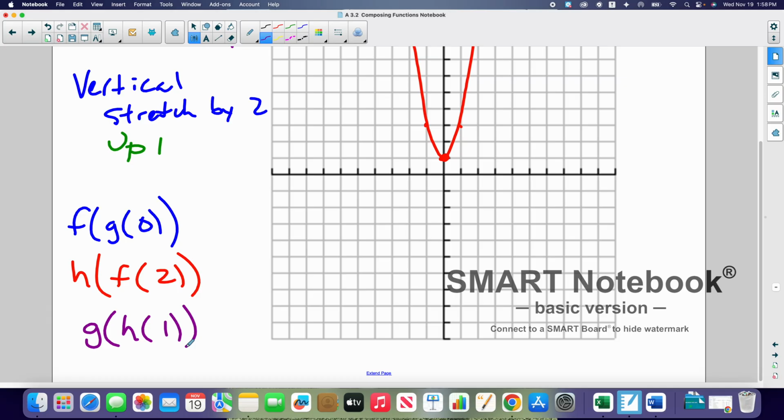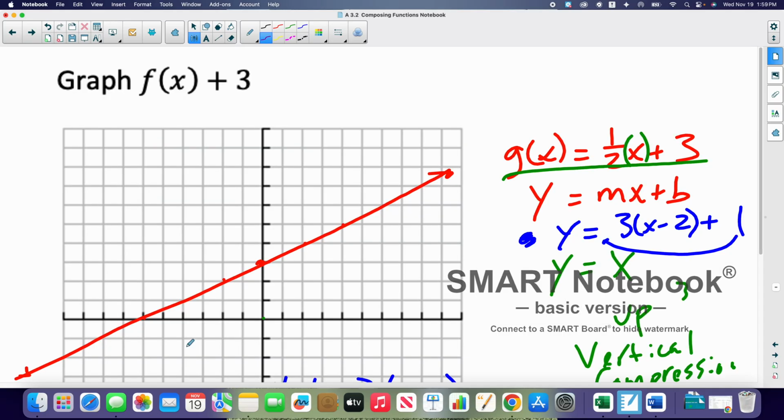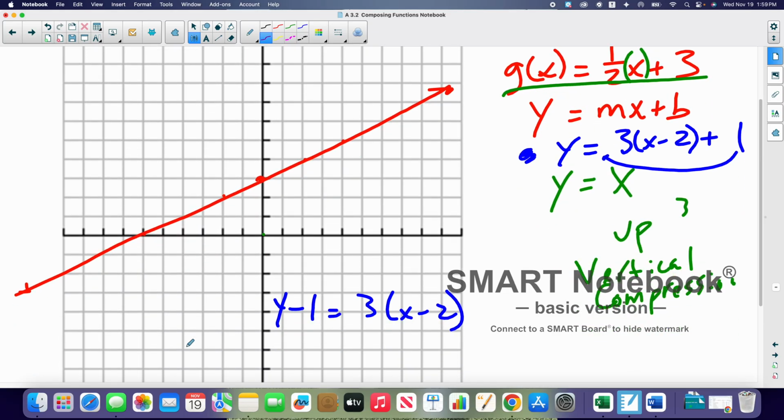2.5. All right. Let me work the first one with you, so you can catch up and see how you've done. So I have f of g of 0. This is my g graph. At 0, I go to my graph and I get 3.